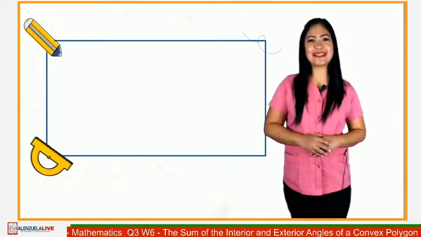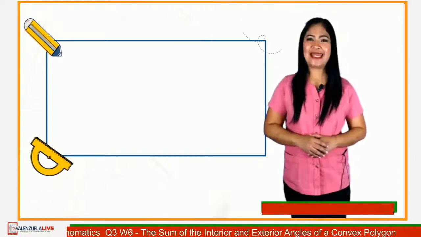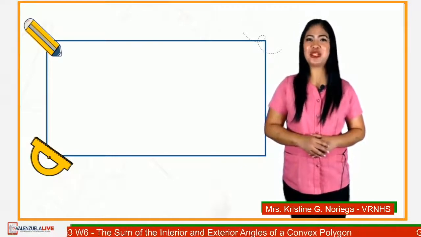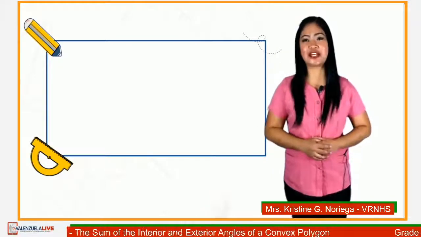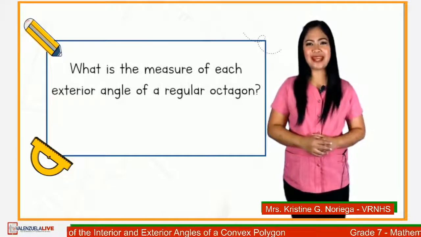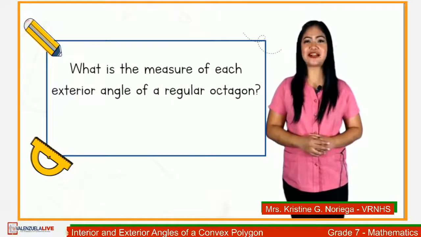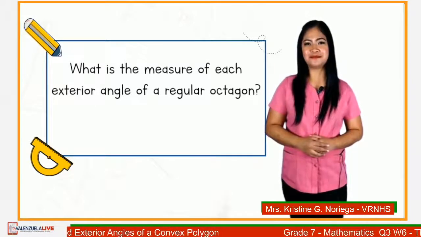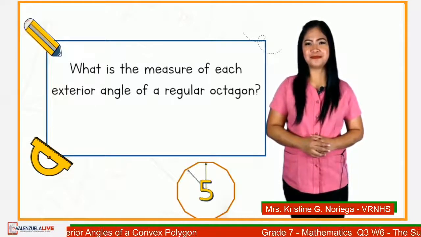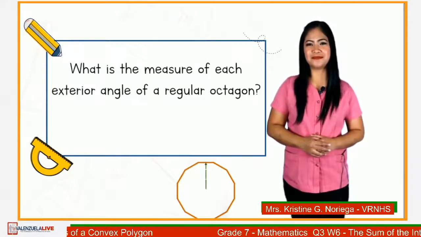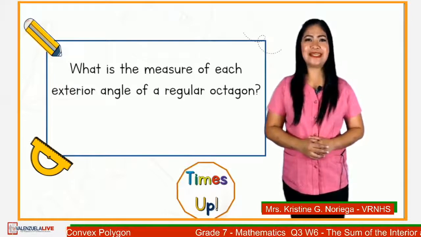For our last task for this week's lesson, try answering these questions for your self-assessment. You will be given 5 seconds for each question. First, what is the measure of each exterior angle of a regular octagon? Time's up.